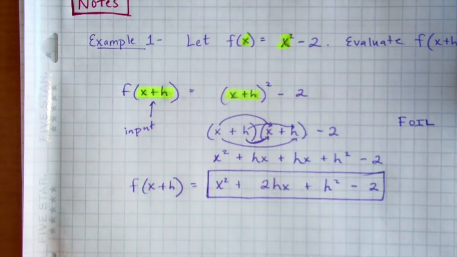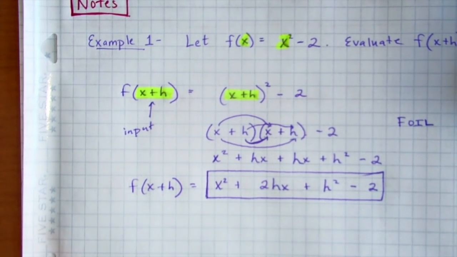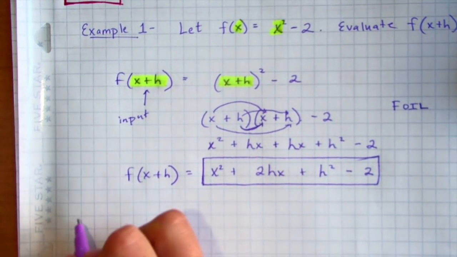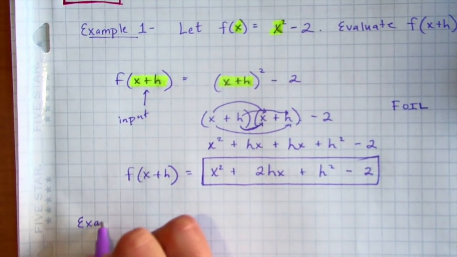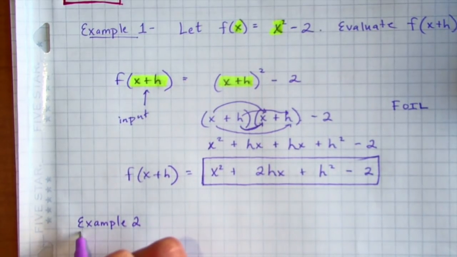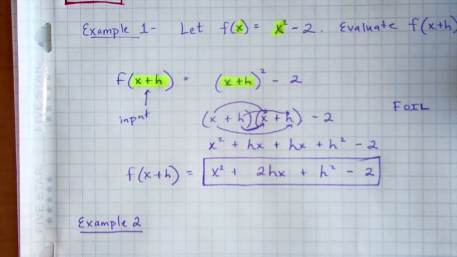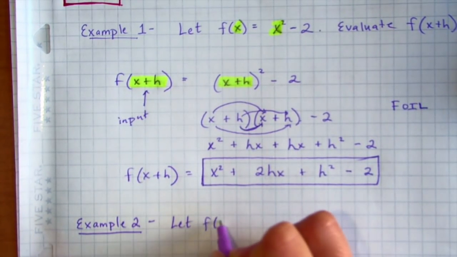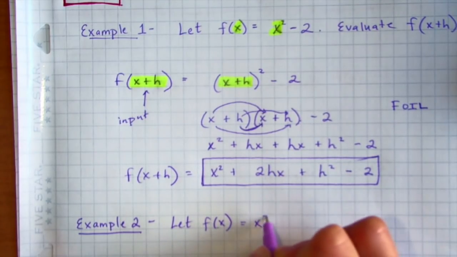Okay, so for example 2, we're going to do a similar problem. We're actually going to use the same function. Let f of x equal x squared minus 2.